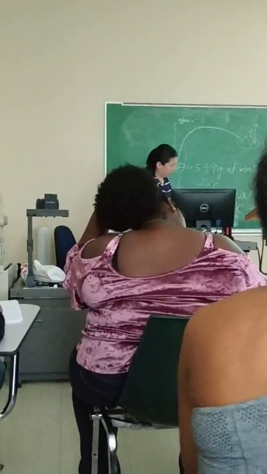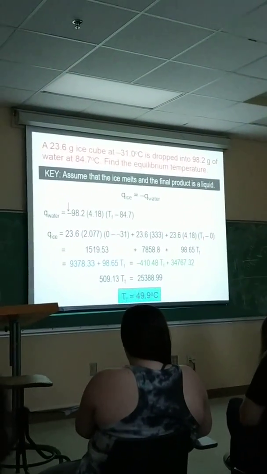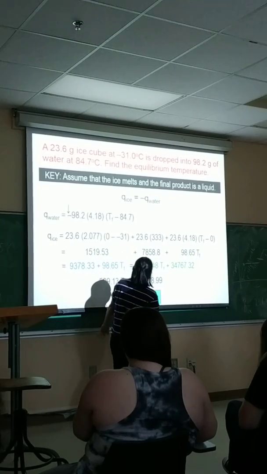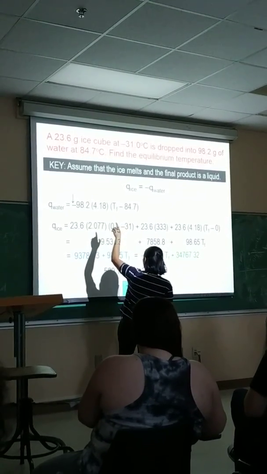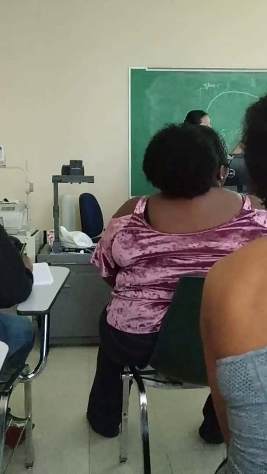Yes, I just had a question. You see that big number, 34,767.32? Where did that come from? Because I think I'm missing something. It's probably from there. Oh wait, it's simplified. My bad, you will have a step-by-step right here. Then we came down here.